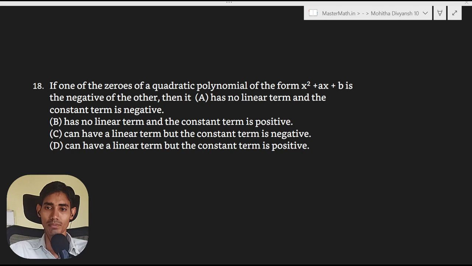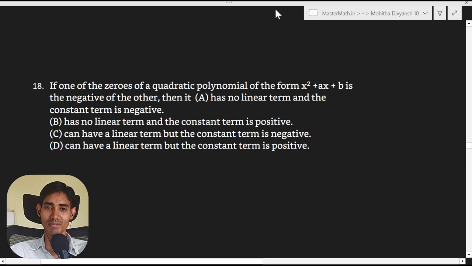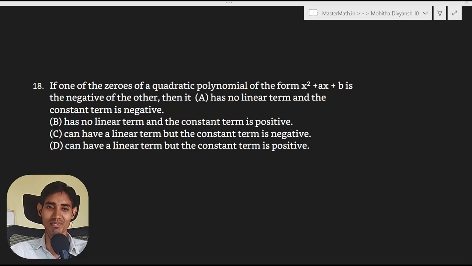So what have you tried? So the sum of zeros is minus b by a. Product of zeros is c by a.